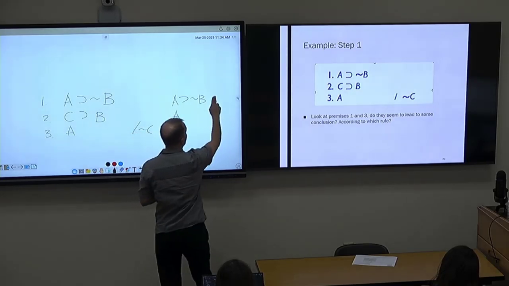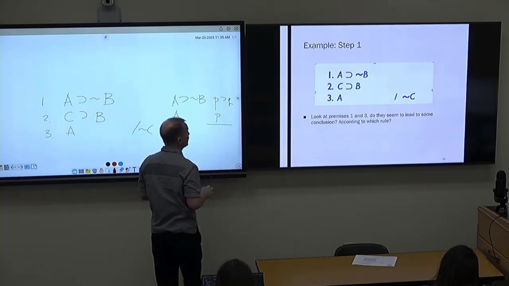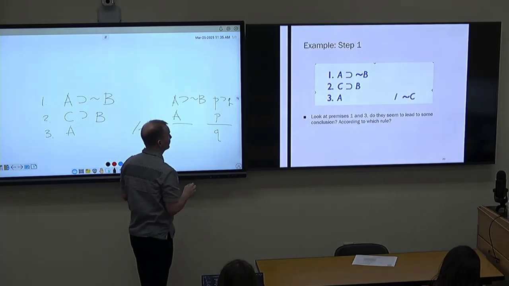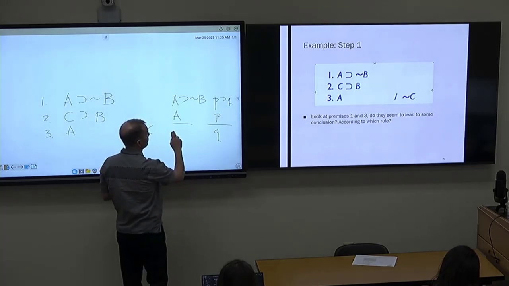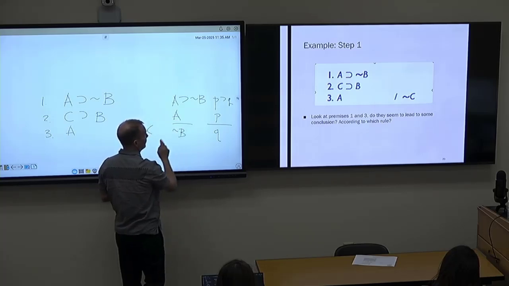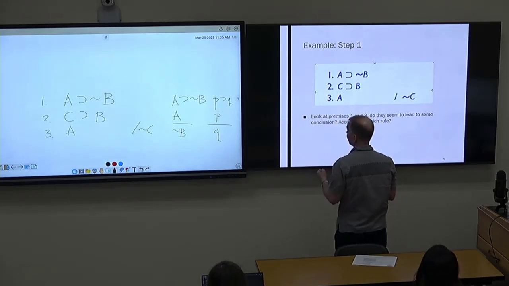We have if P then Q, P. So what does it lead us to? Q. Q, which in this case is what? Not B. Okay, so that is actually modus ponens, it's MP.